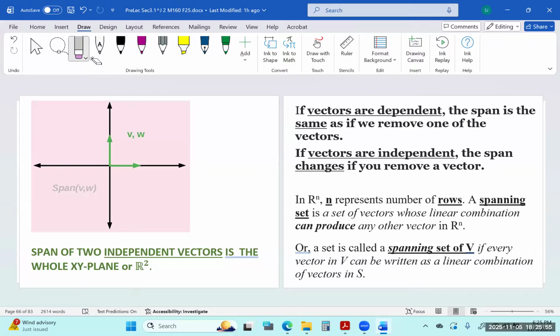On the other hand, if you have independent vectors, then you have a different story. Depending on which space you are in: if you're in R2 with two independent vectors, it spans the entire space. If you're in R3 with three independent vectors, then you are covering the entire R3 space.